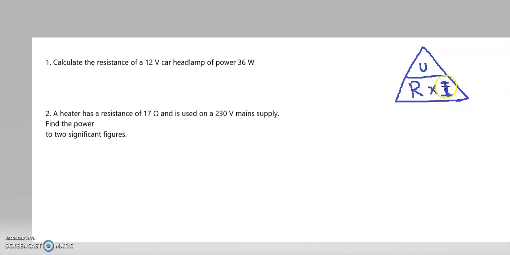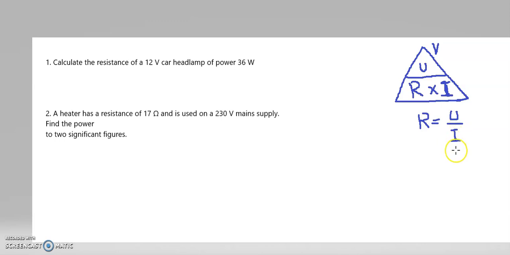And for the students who are not Dutch, remember that U is V, voltage. So you use different symbols for voltage, that is V. But in Netherlands, the symbol for voltage is U.